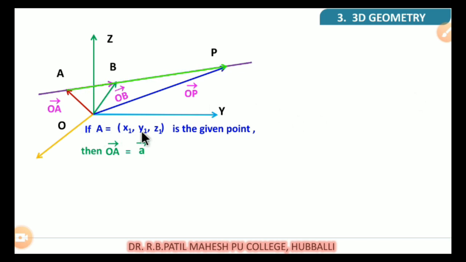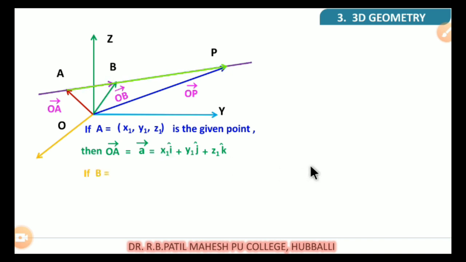Here vector a can be written as x1i plus y1j plus z1k, because point A has the coordinates x1, y1, z1. OA is the position vector of the point A, which can be taken as small a vector.